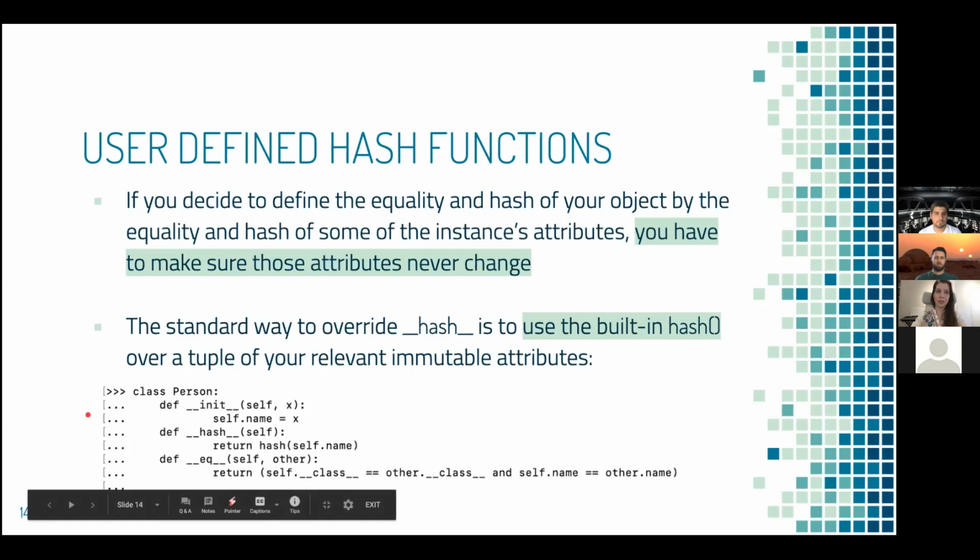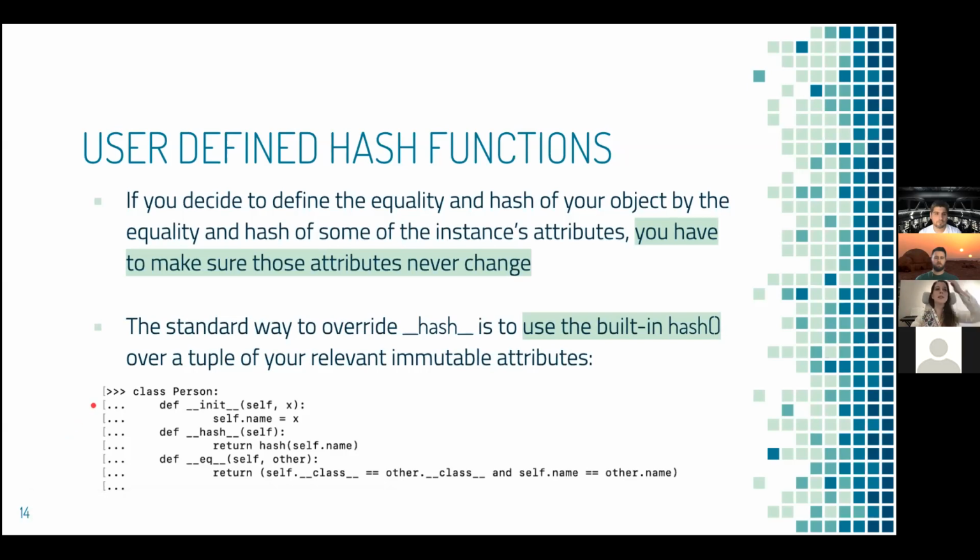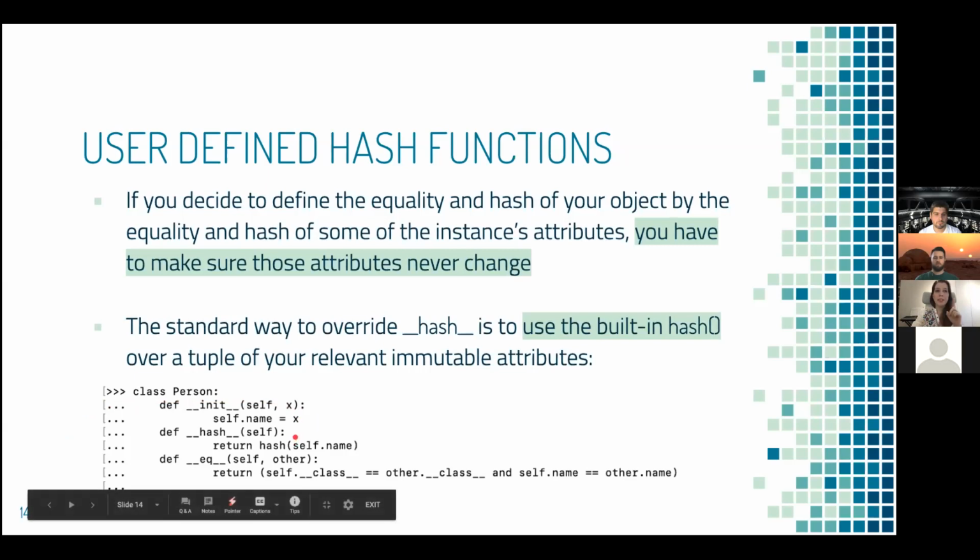So this is an example. Let's slow down on this example. This is a class Person, and it will have a name, which will be an immutable attribute. And I'm defining my dunder hash as the hash, the built-in function hash, and I'm passing a tuple of one immutable attribute.